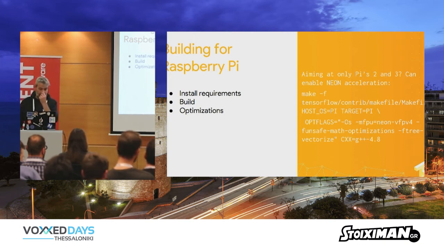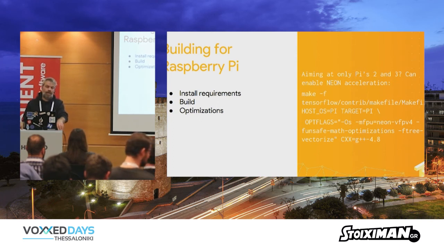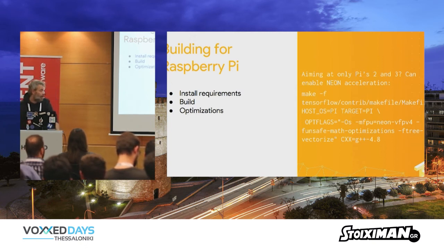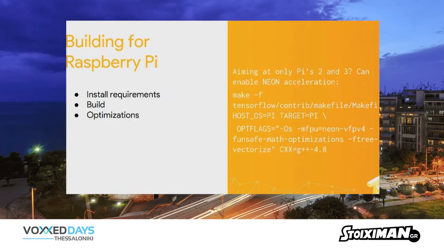Okay, so you know that you have the Neon SIMD inside, and if you're trying to build on Raspberry Pi 1, the app we did took us about 18 hours, which is, yeah. We left it, we went for a beer, and we went for another beer, and we went for another beer, and we came back, and nothing was compiling. With Pi 2 and 3, you bring it down to 3 hours. So you just have 3 hours in order to be able to do a simple app.